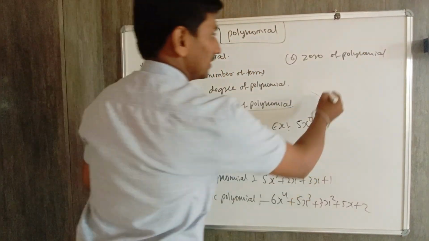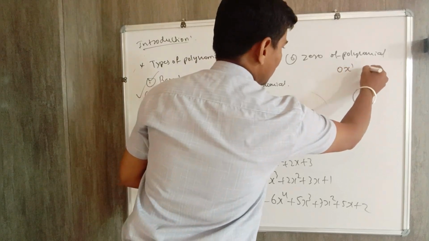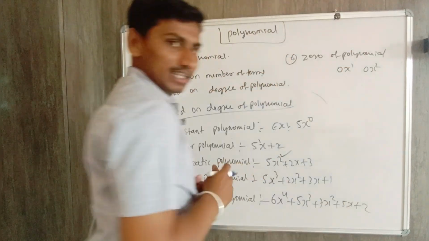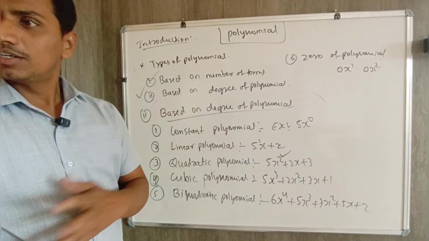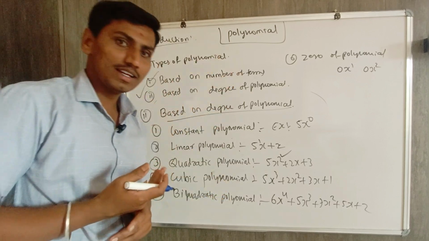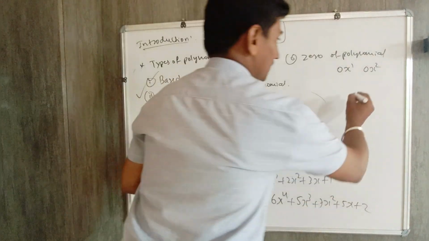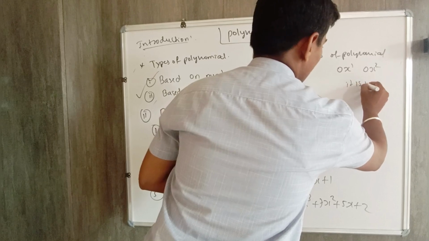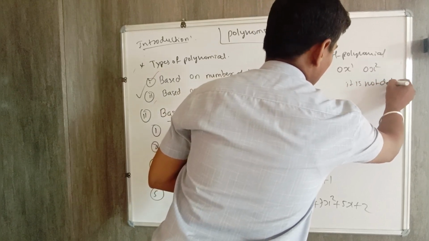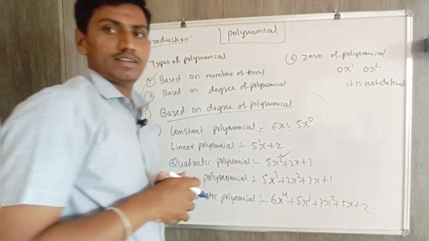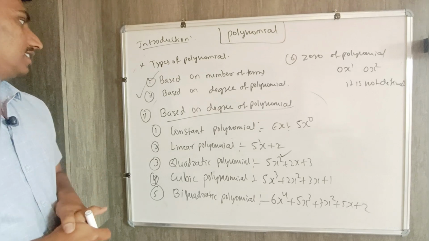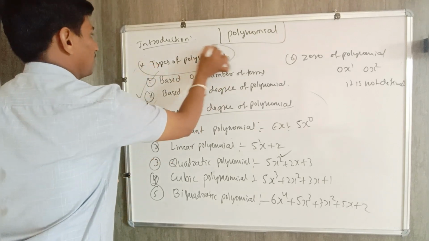Example, tell me: 0x to the power 1, 0x to the power 2, 0 into x, 0 only. What is the highest degree? It is not defined. So these are the types of polynomial.